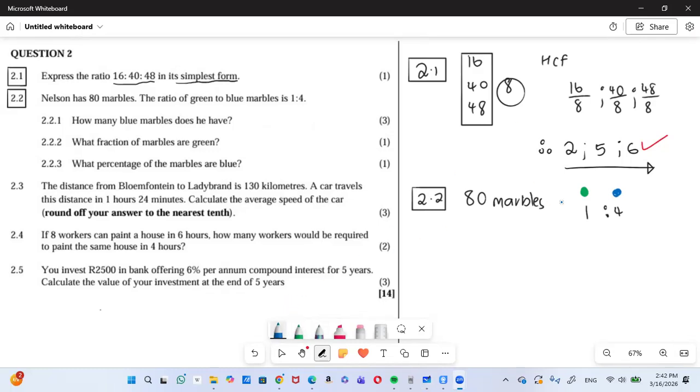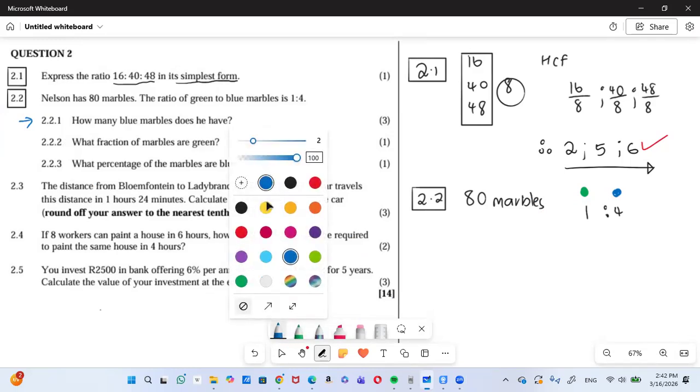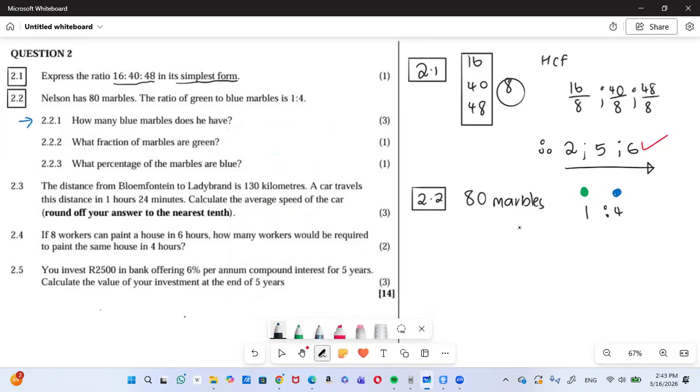Now, since we have this ratio, the first question asks how many blue marbles he has. We firstly need to find out how many blue and how many green he has. Our step is to add 1 plus 4, which gives us 5.